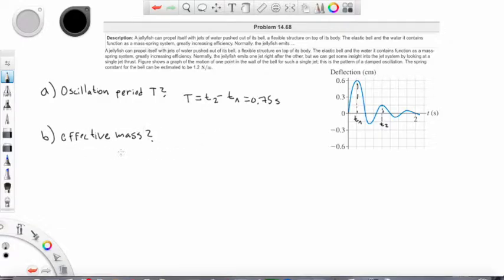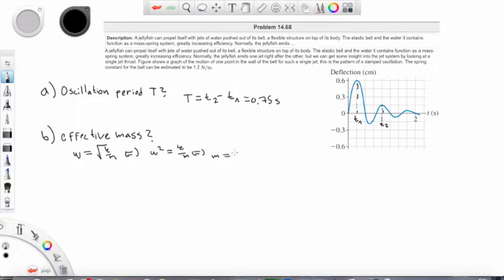Effective mass can be found from the relationship of natural frequency, which is omega equals square root of k over m, where m is the effective mass. Solving for m, we have omega squared equals k over m.